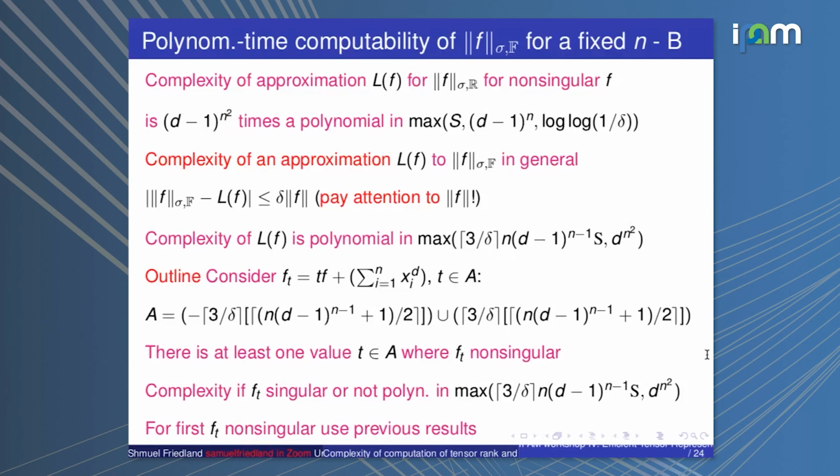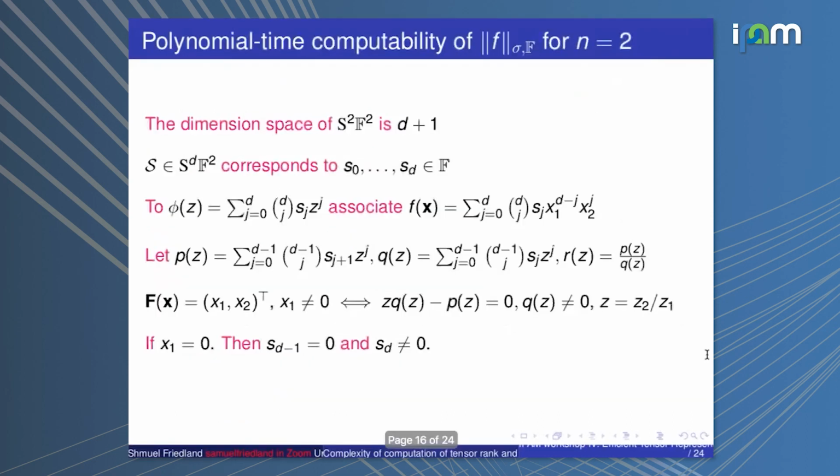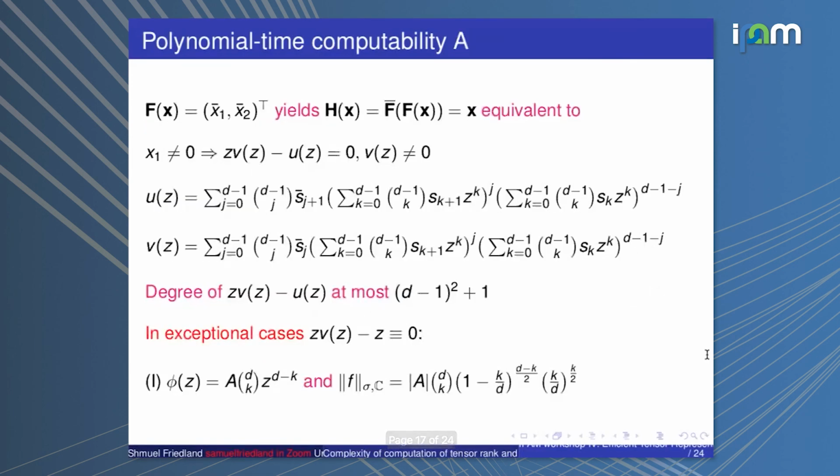Okay, let's do the next slide, please. Now, in the case of n equals 2, one can do better, because essentially one can reduce everything to one complex variable. If you do that, one has much better results. Next slide, please.